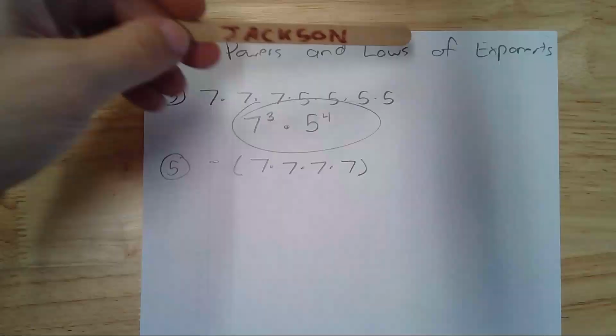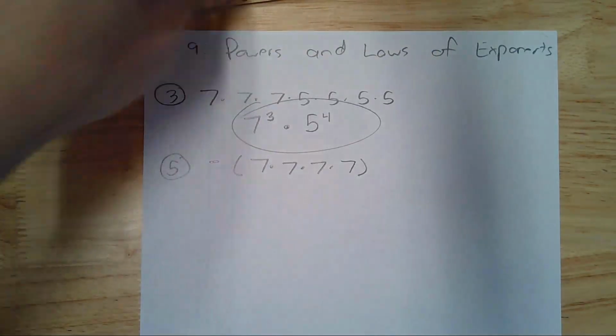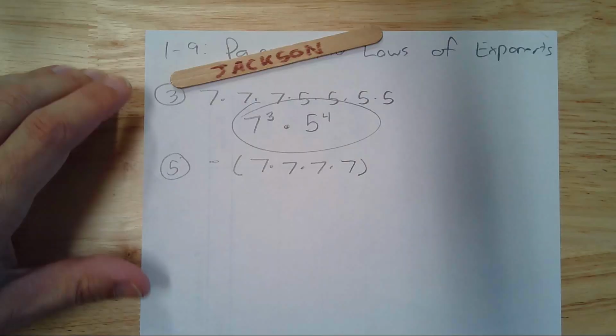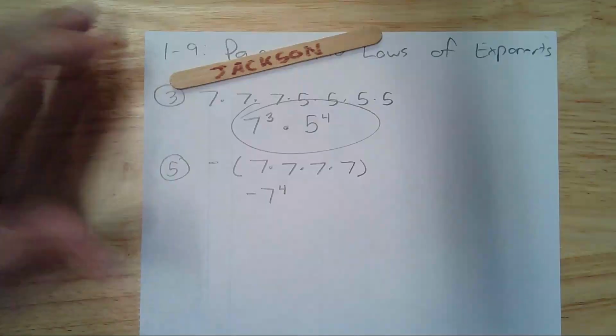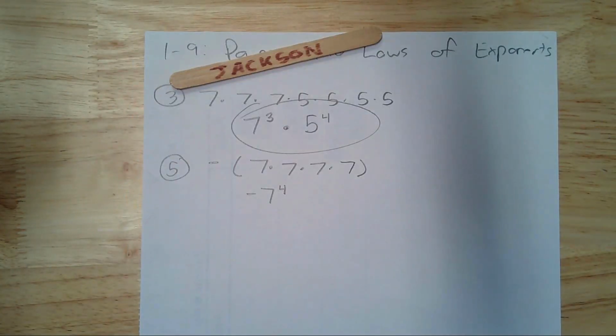Jackson, what do you think for this one here? I thought maybe negative 7 to the 4th. Yeah. That's what I got.